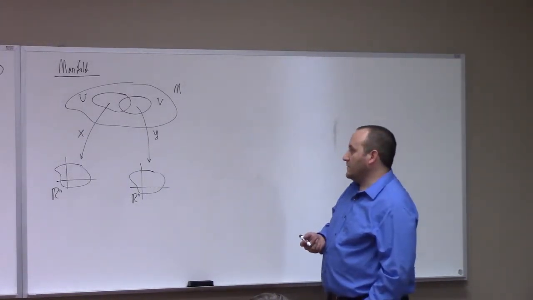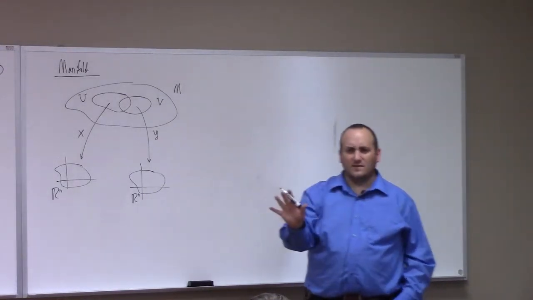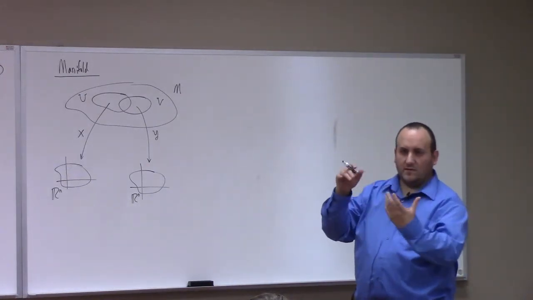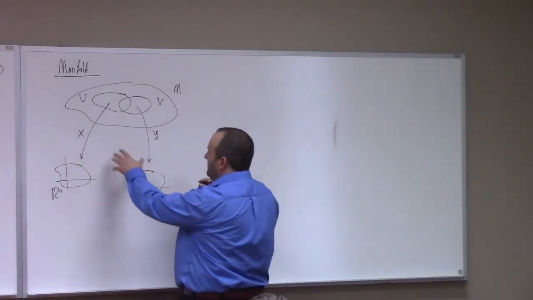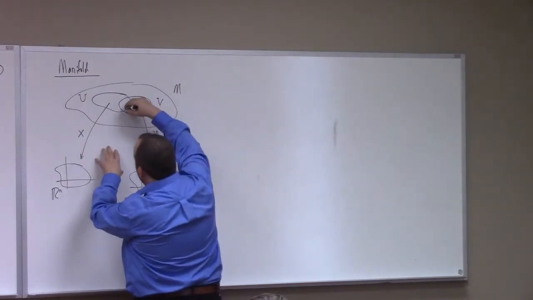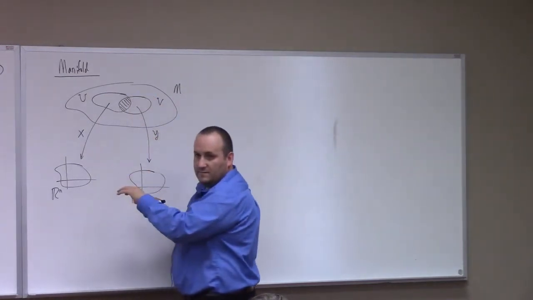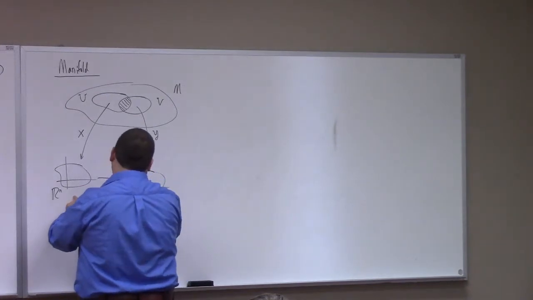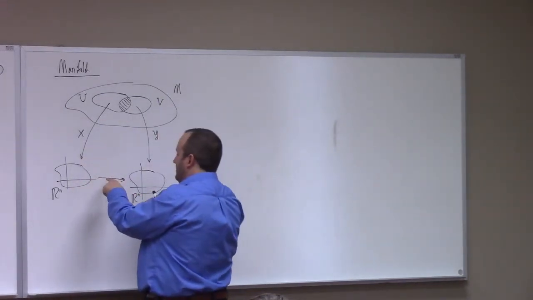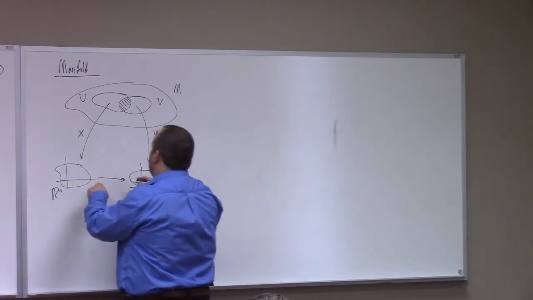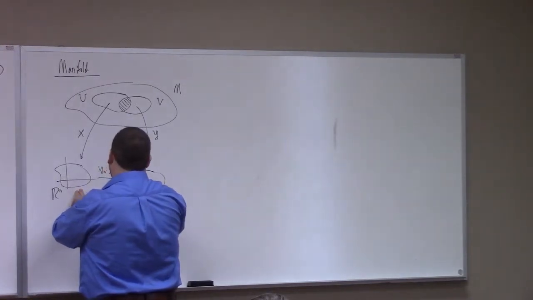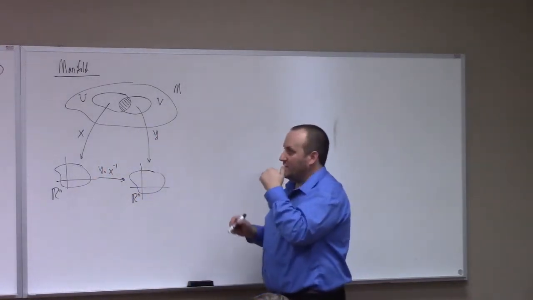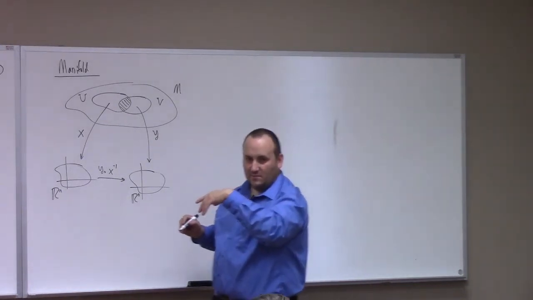So M is some topological space, whatever that means. It comes with this set of charts which covers the whole thing. And what has to happen is that whenever you have an overlap between two charts, like this one right here, then if you study the map that goes this way, that would be y composed with x inverse, restricted to the appropriate intersection points.